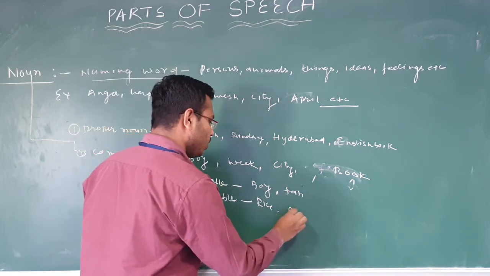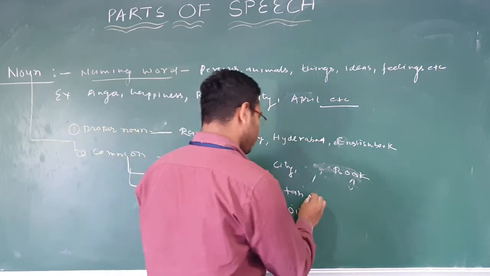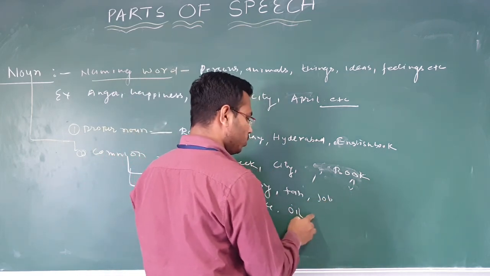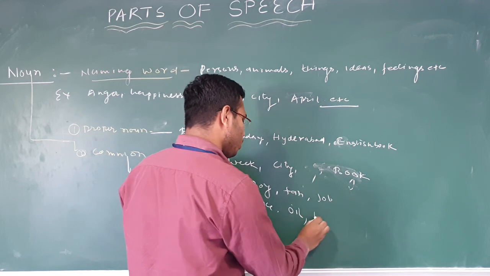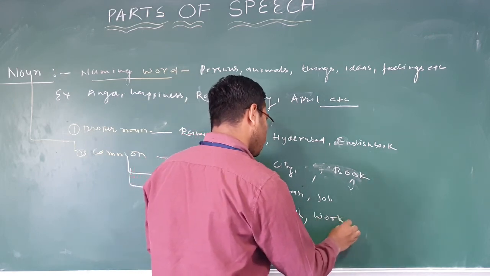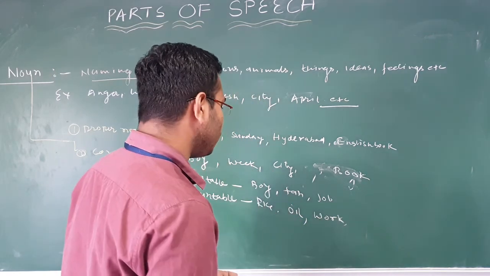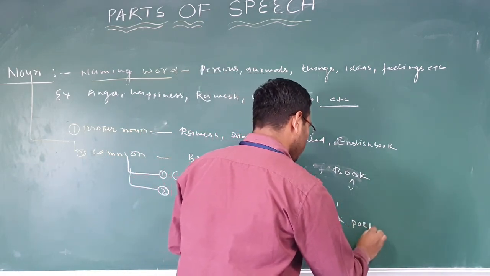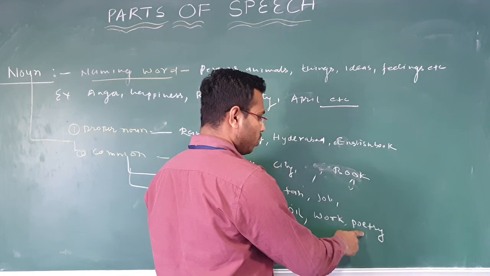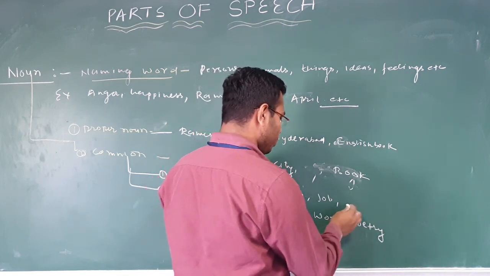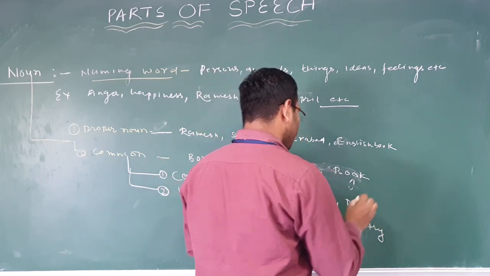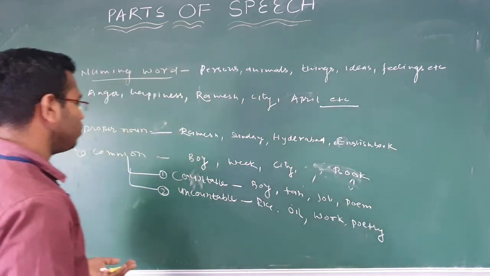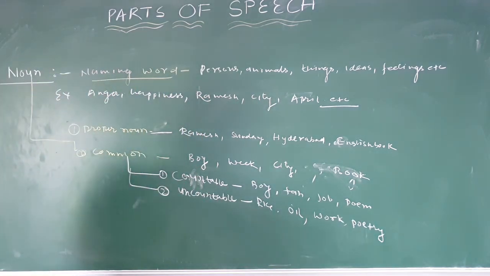Yes. If I say oil, no. Job, can we count? Yes, it is countable, job. But work is uncountable. Poetry, can we count? No, we cannot count, but we say poem. So, in this way several examples are possible in countable and uncountable noun.